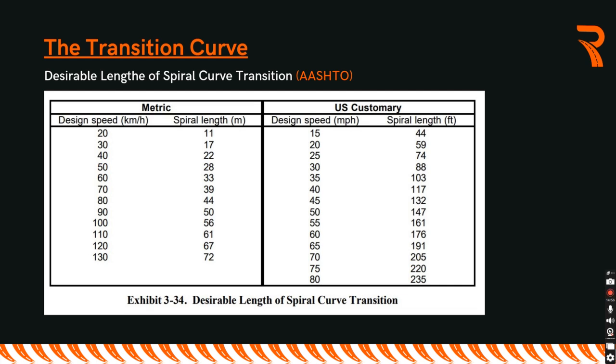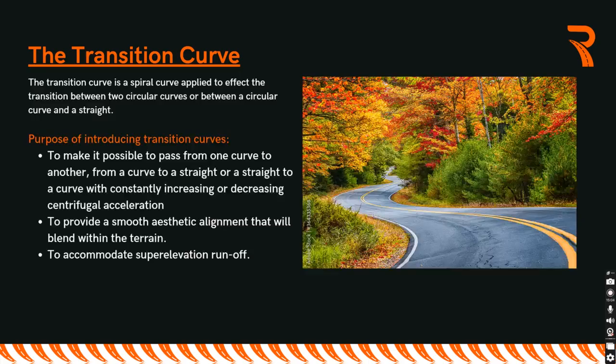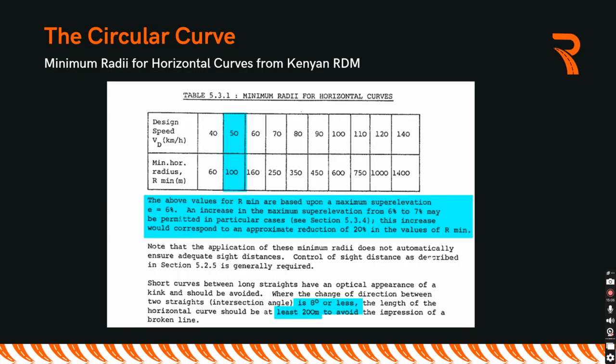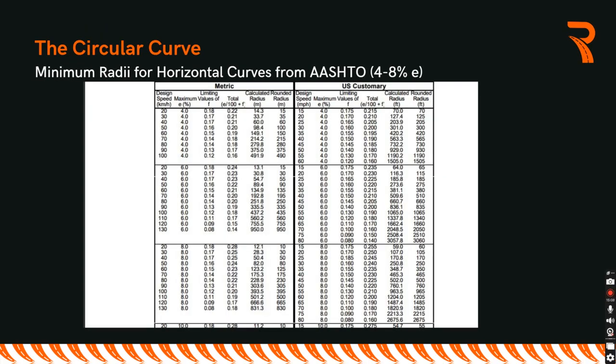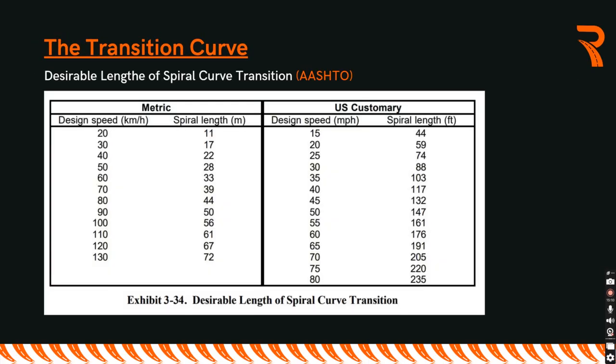And then it will require the spiral, or what is called the transition curve, and it will require the radius of the curve. So we've been able to get the radius of the curve from this table or from this AASHTO one. And then the tangent, of course, the straight section, is determined on site. You look at the geometry and you decide this looks like a straight section. So you make a judgment on that one.